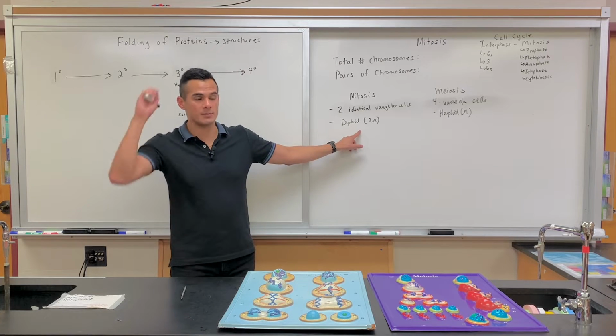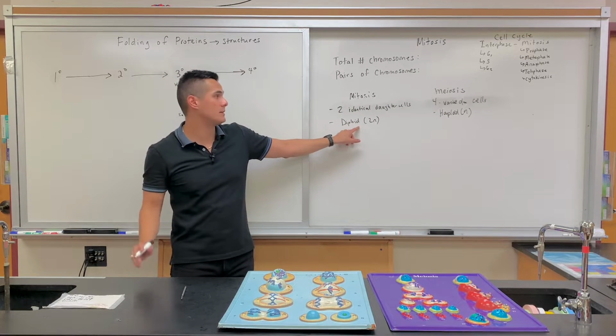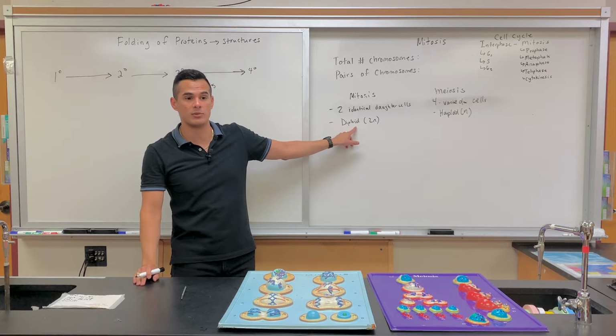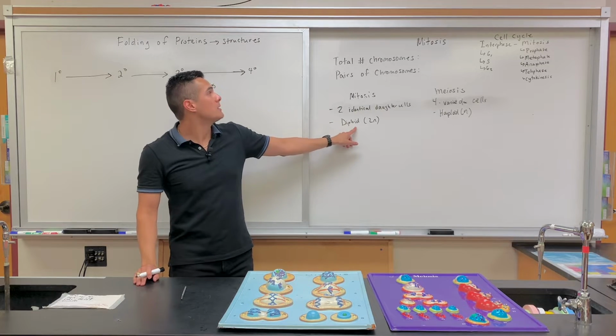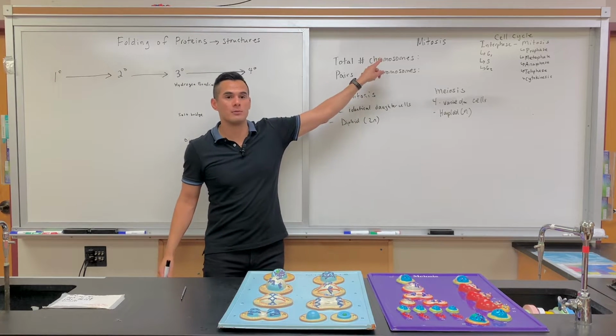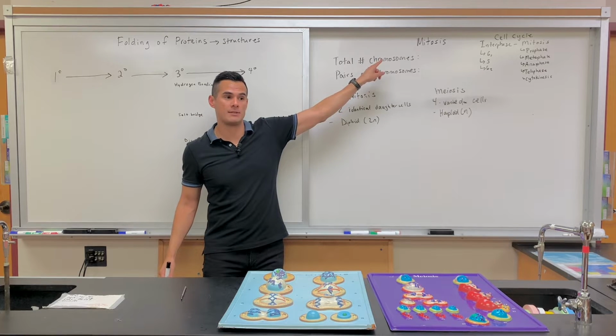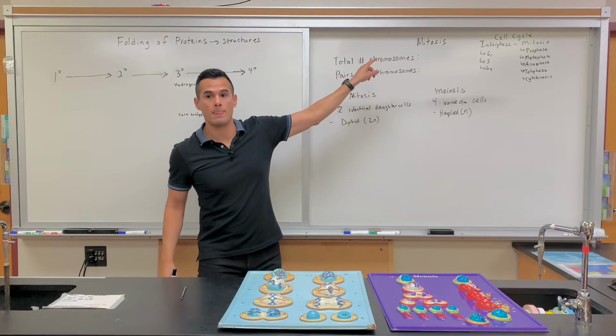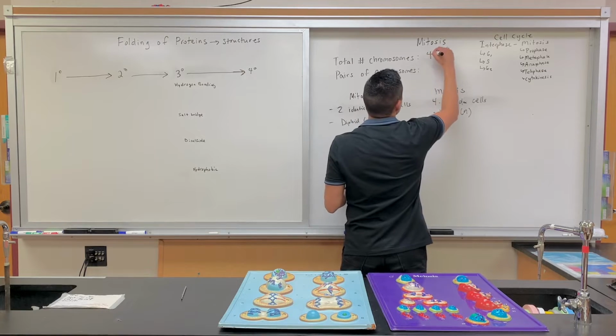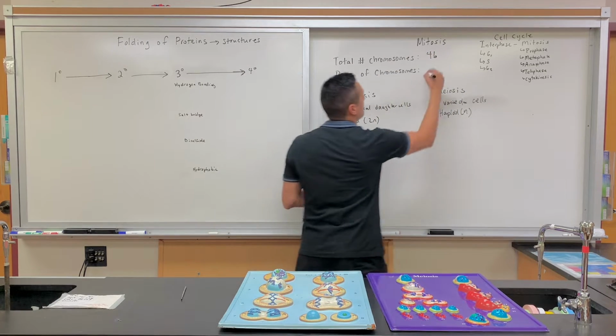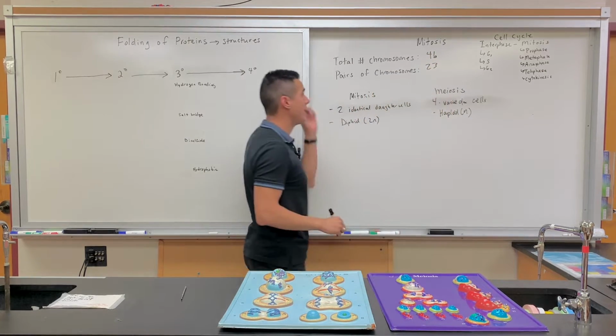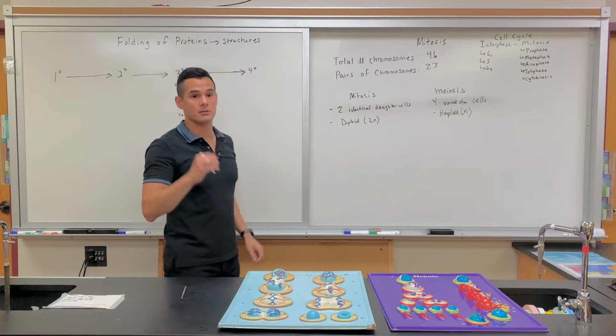Now I want to explain the difference: what does diploid versus haploid mean? What is the total number of chromosomes that we have? Does anyone know? 46, yeah, so we have 46 total chromosomes, and we have 23 pairs of chromosomes.